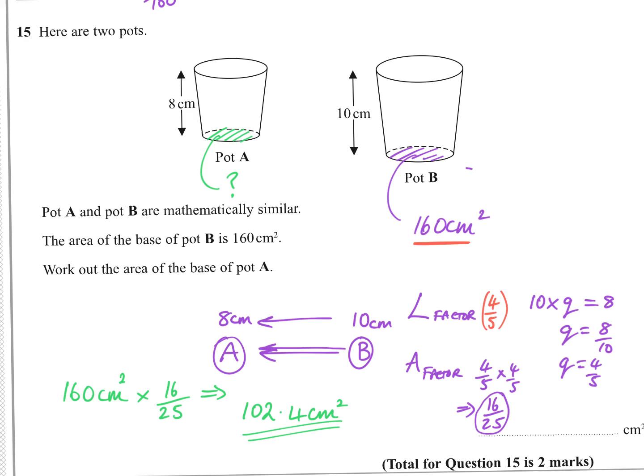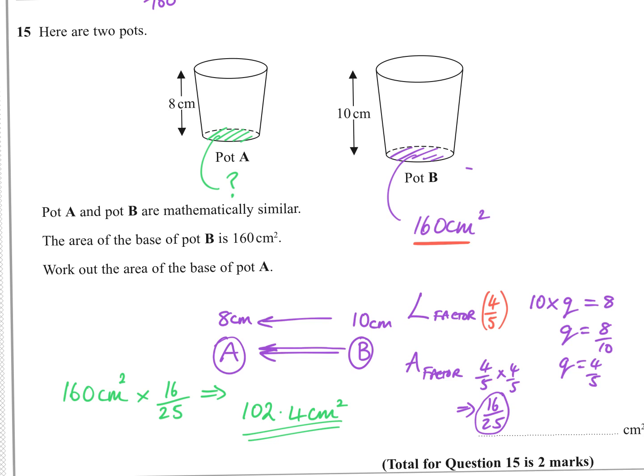Incidentally, with these types of questions, always try and get down to the length factor. So if you're given the area of 2 mathematically similar objects, you can find the scale factor for the area and then square root it to get the length one, and then cube it up to get the volume one. And if you're given the volume one, you can cube root it to get the length and then square the length to get the area scale factor.